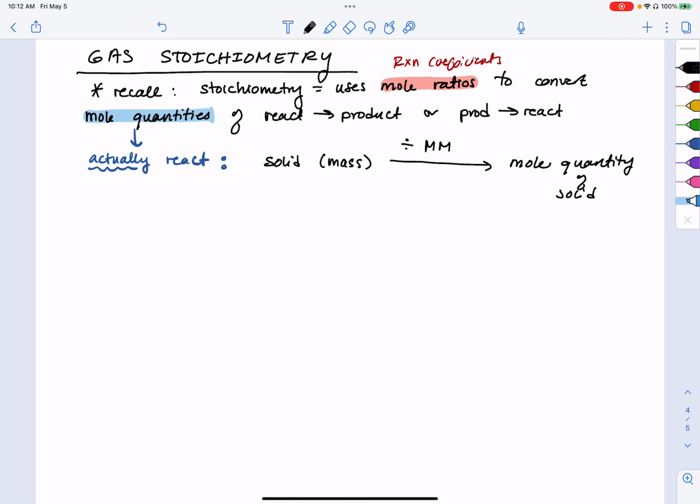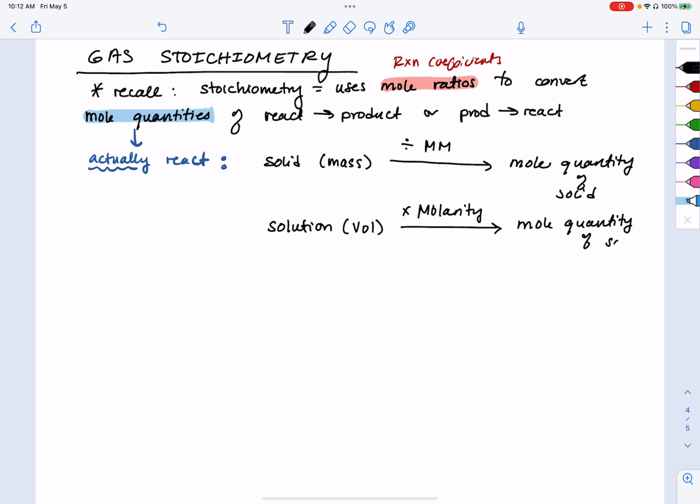In all of our aqueous reactions, if we had a solution that had a volume, then we would multiply by the molarity to get our mole quantity of solutes.